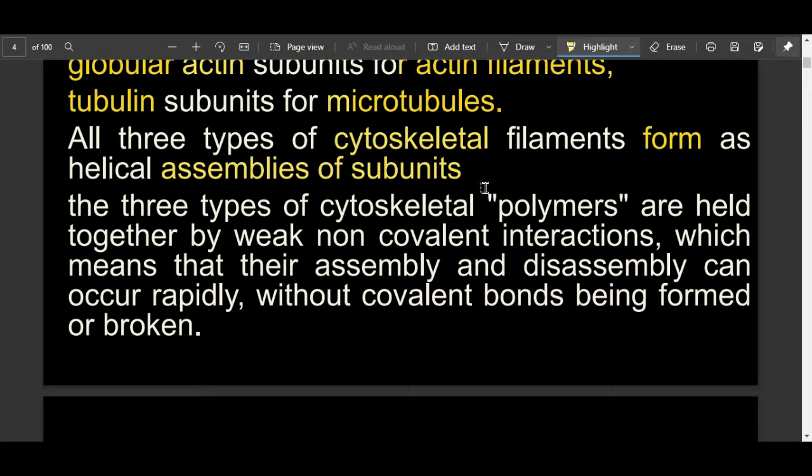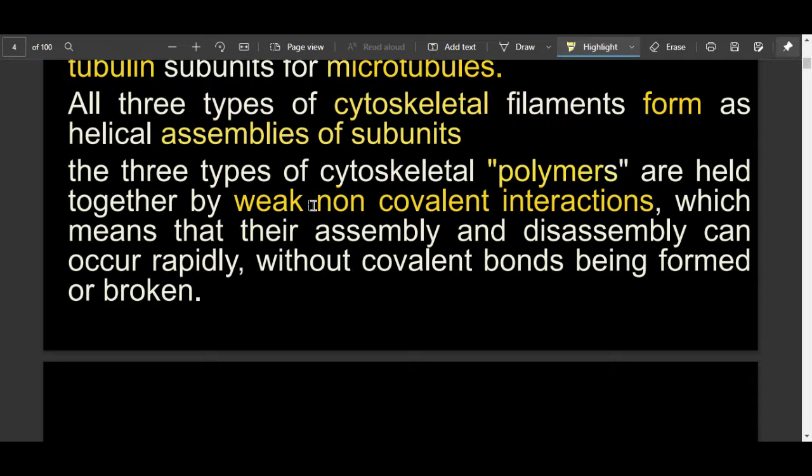The three types of cytoskeletal filaments are polymers, and these polymers are held together by weak non-covalent interactions. This means their assembly and disassembly occur rapidly.